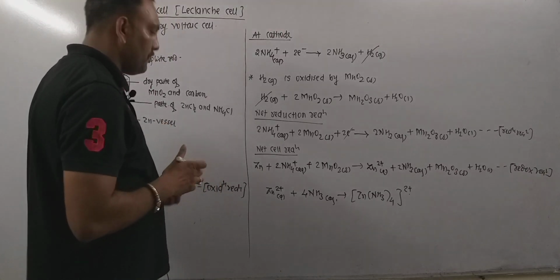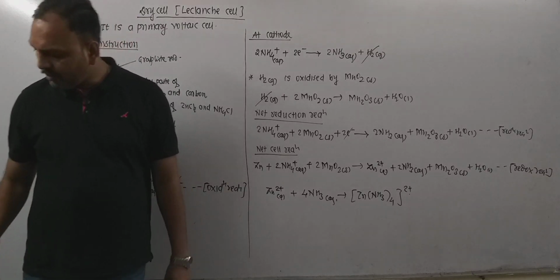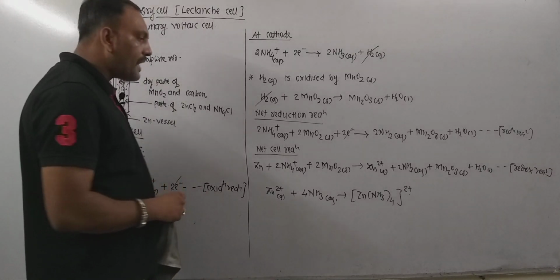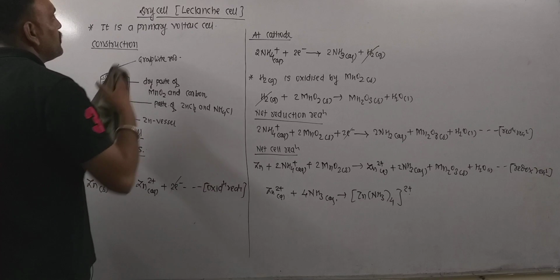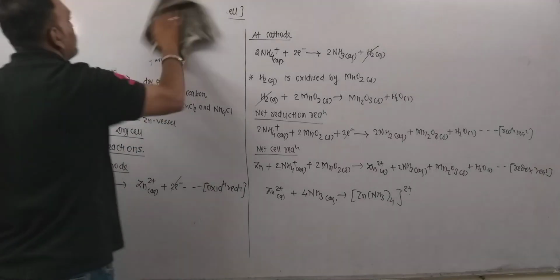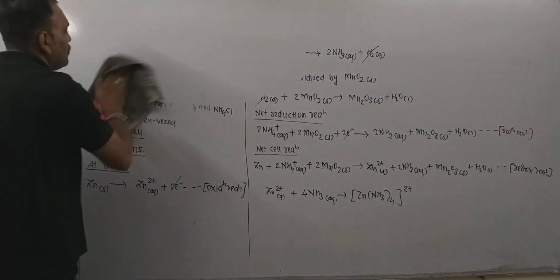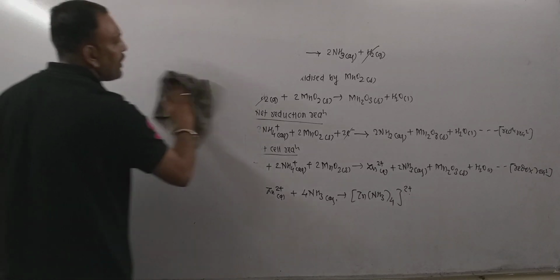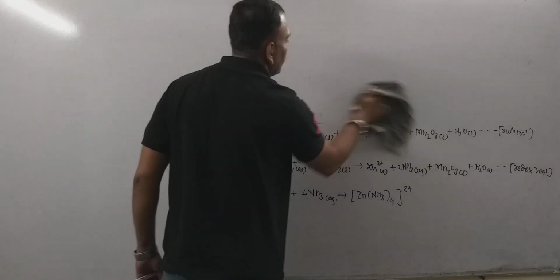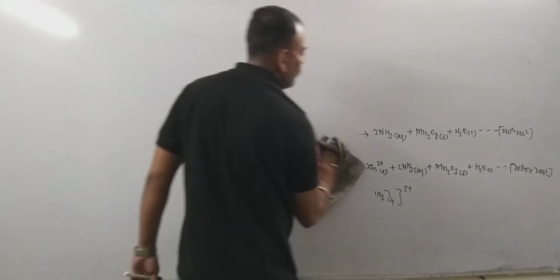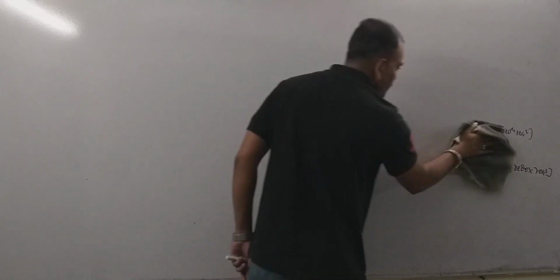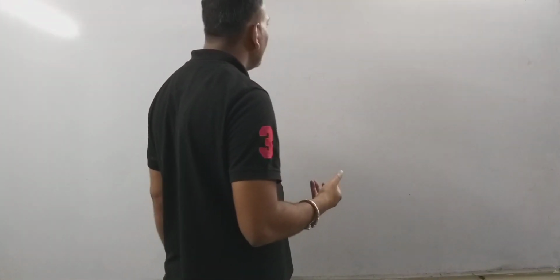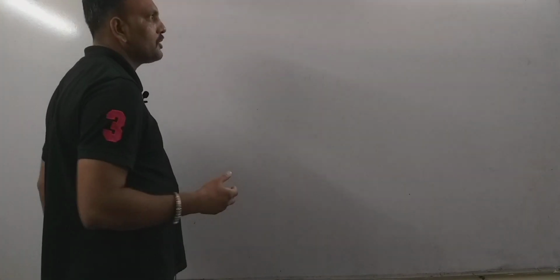Now what are the problems related to this? The problem is, in acidic medium, what happens? H+ ions interact with zinc, and thereby corrosion of zinc takes place, due to which the life of the cell shortens, I mean its lifespan gets shortened.